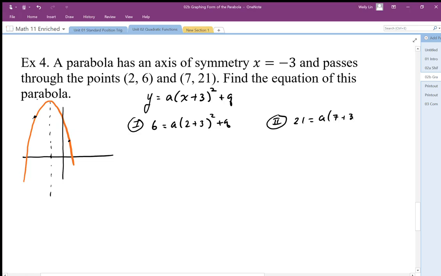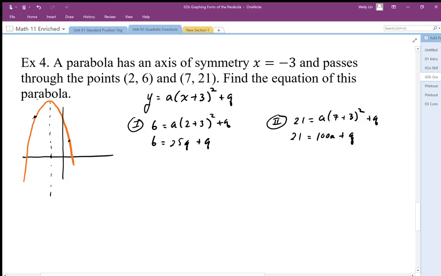So (2 + 3) squared plus q. When I solve for this, I'm going to end up with 6 = 25a + q. Equation 2 is going to be 21 = 100a + q.